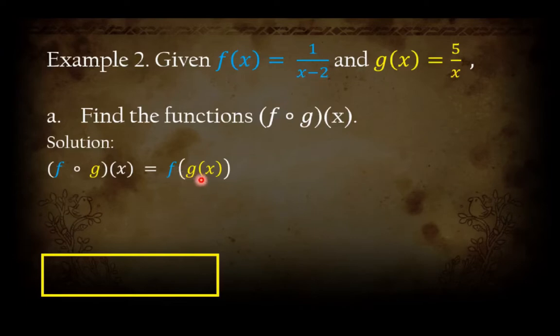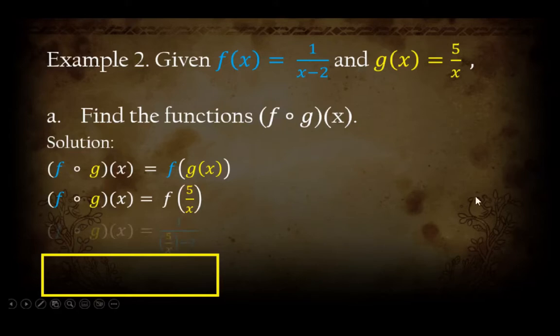So in here, we will place 5 over x sa g of x, like this one. And after nyan, since ito naman yung input ngayon or domain ng f, pa-place na natin si 5 over x dun sa original function niya, which is yung 1 over x minus 2. It will become 1 over 5 over x minus 2. We place 5 over x dun sa x.